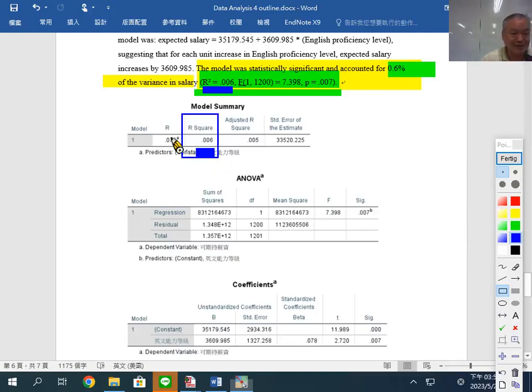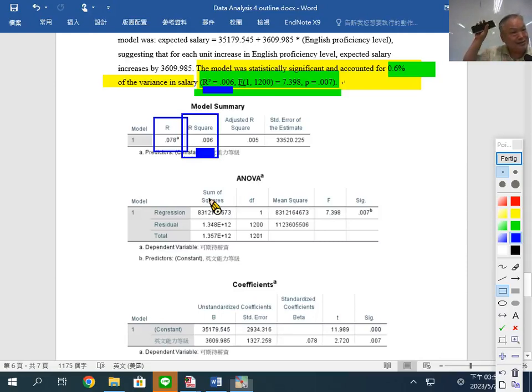Because it comes out from here, R. This is called Pearson R. Pearson R indicates the strength of the relationship between 2 variables. It's not strong, but it is significant. Remember, it is not strong, but significant.